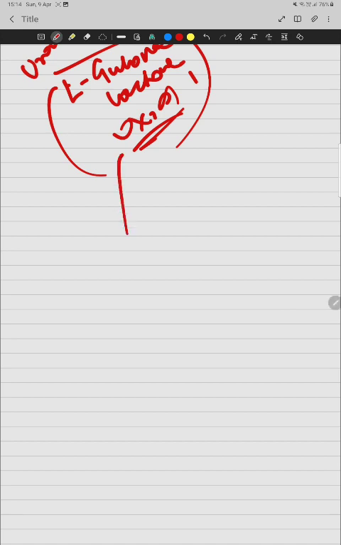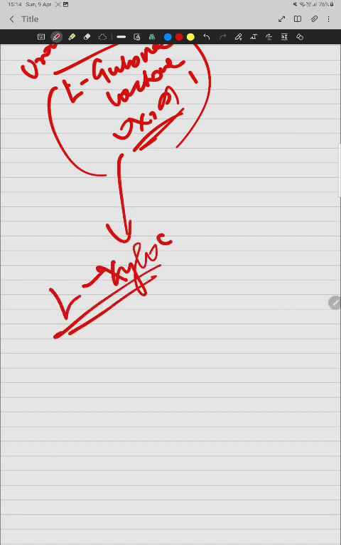Also in this pathway we receive L-xylulose. In essential pentosuria, what is the enzyme deficient?